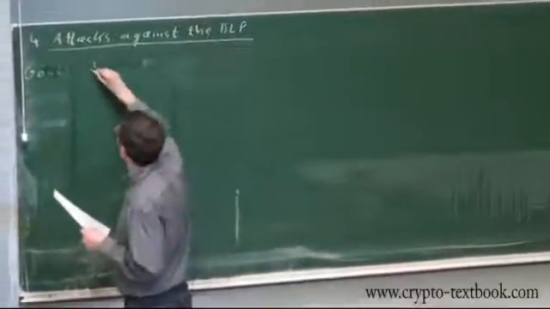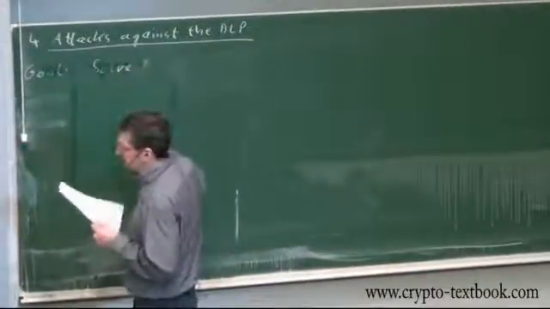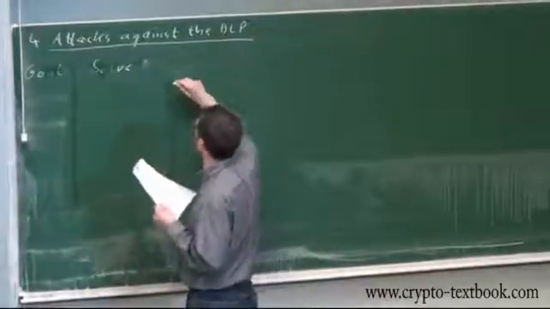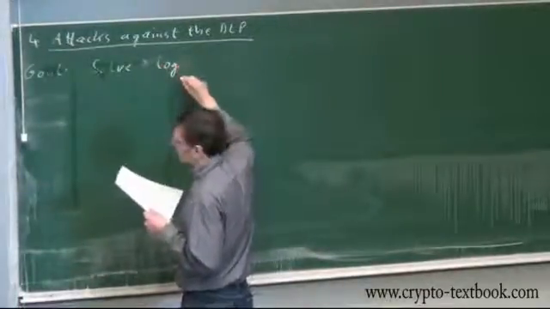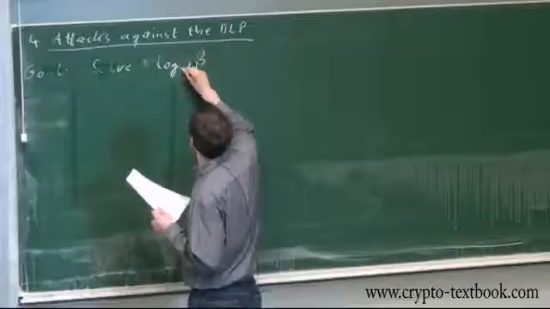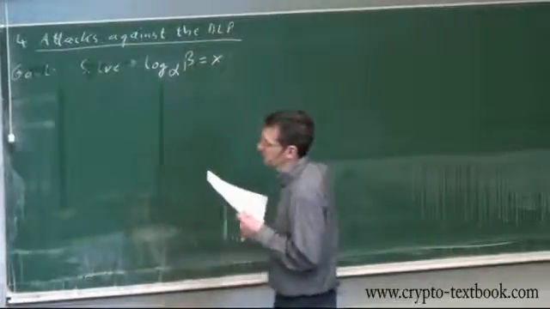So what we want to do as an attacker, as an Oscar, is compute a discrete logarithm in this way here.